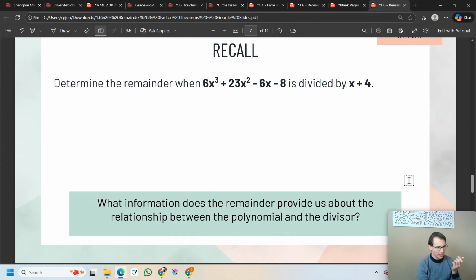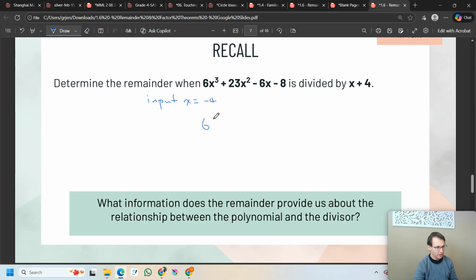So let's find this one here. What is the remainder when 6x cubed was divided by x plus 4? Okay, so let's find out. We're going to input x equals -4.